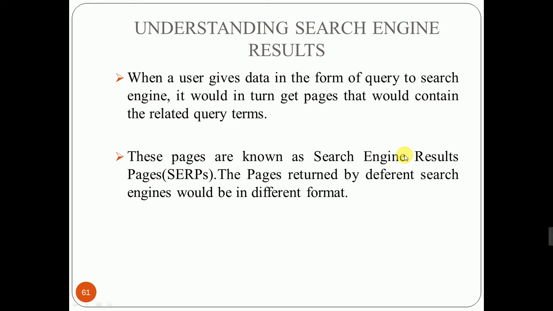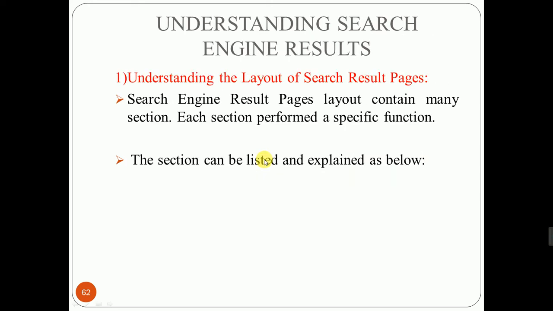The pages returned by the different search engines would be in different formats. So different search engines have given different types of search engine layouts and pages. So we can see all this in detail.